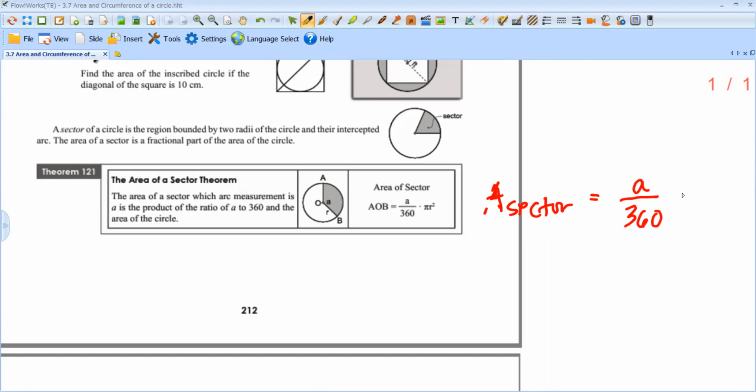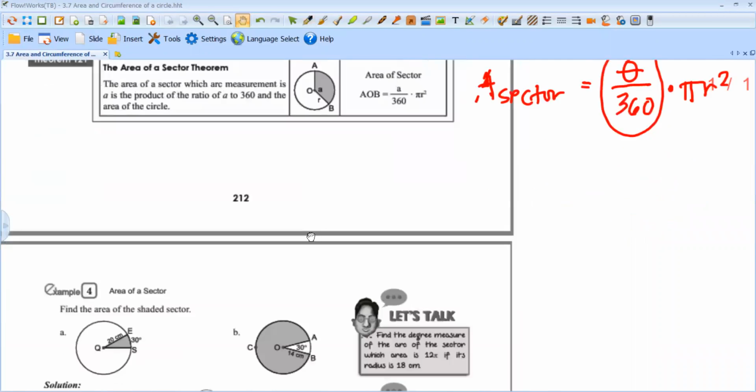The A is the angle, or let us say theta, times pi r squared. Okay, so don't forget this. And then later we will get the length of the segment.